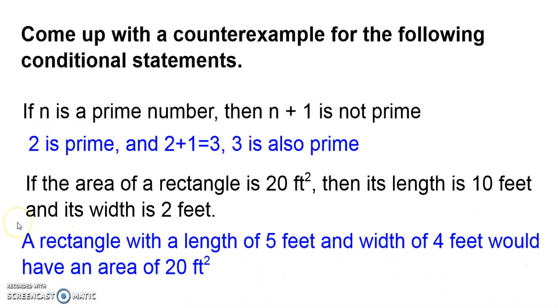So I came up with a rectangle with a length of 5 feet and a width of 4 feet would have an area of 20 feet squared, because 5 times 4 also equals 20. So that disproves that the length and width would have to be 10 and 2 to get that area of 20 feet squared. If you need to pause the video to get that down, make sure you do that.